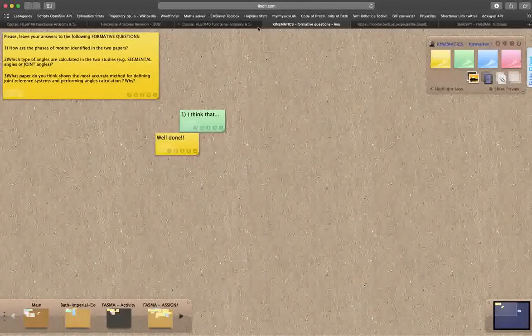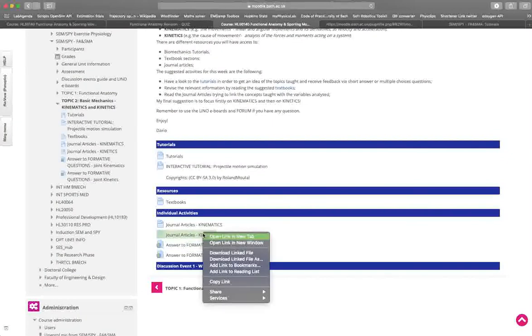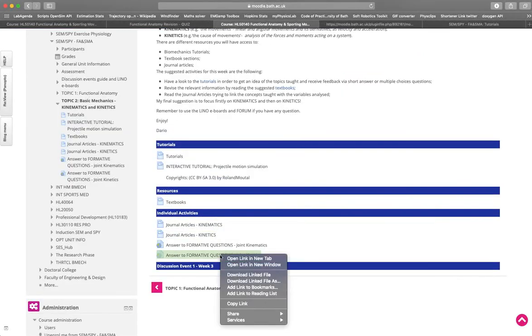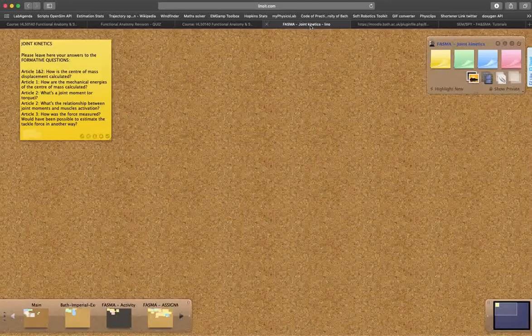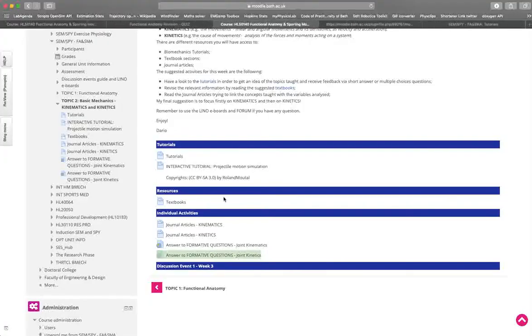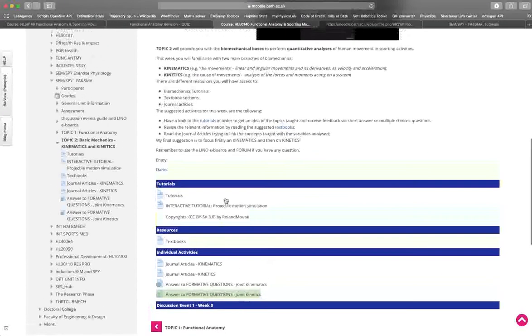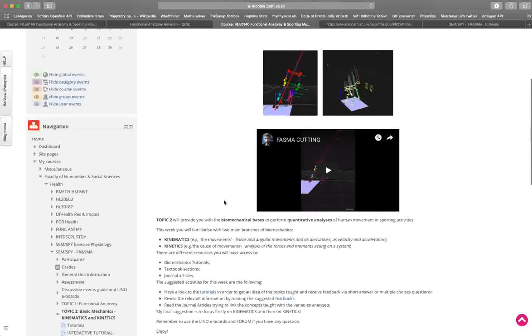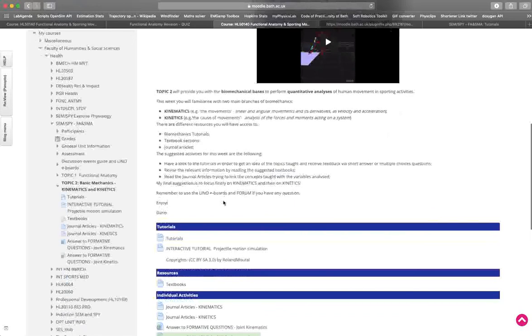The same thing will apply for kinetics, as you can see here, a couple of 2-3 articles, and you can answer some formative questions using this Lino e-board as well. Right, that's it. This is an important part for preparing for the discussion event next week, where I'll ask you to do more active tasks.